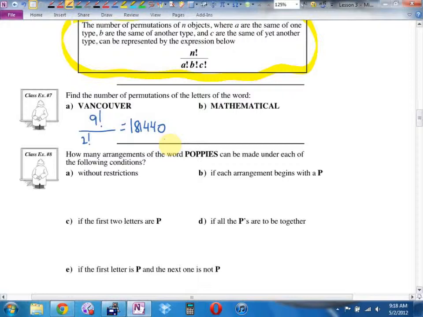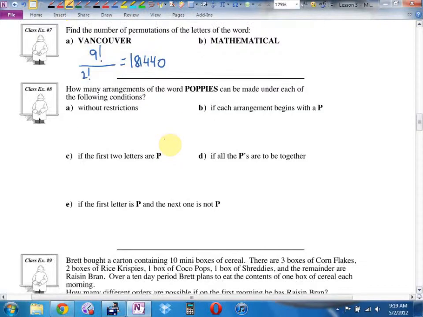Mathematical I won't worry about since we're getting the hang of this. Poppies. It's got 3 P's in it, so it's got some repetition. So my guard is up, I'm a little more alert. How many different arrangements without restrictions? Okay. 1, 2, 3, 4, 5, 6.